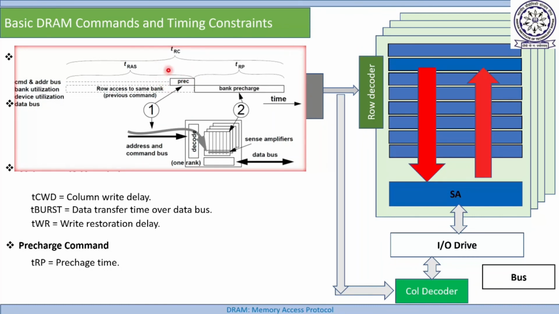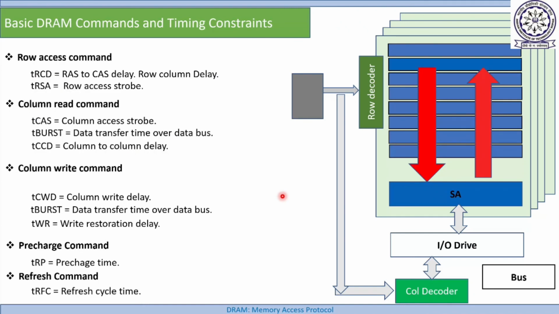It will take TCMD time for the command to reach the device. After reaching the device, we say the precharge command is issued. From the issuing of the precharge command, the time it takes to complete the precharge operation is called TRP. So it will take this amount of time to complete the precharge task.